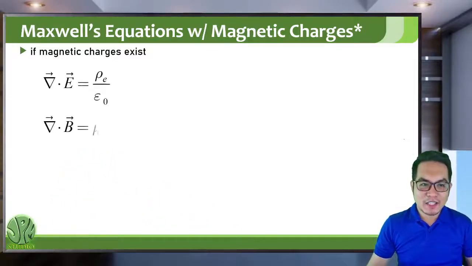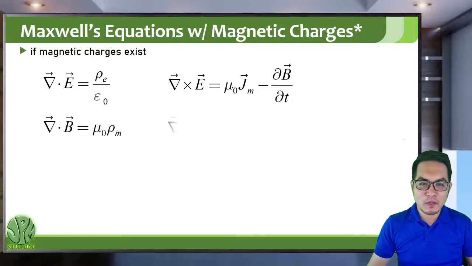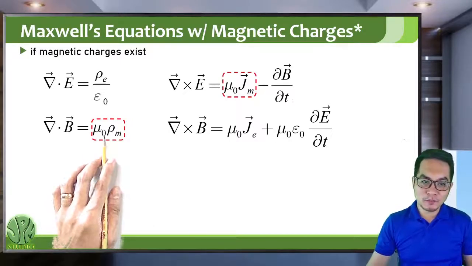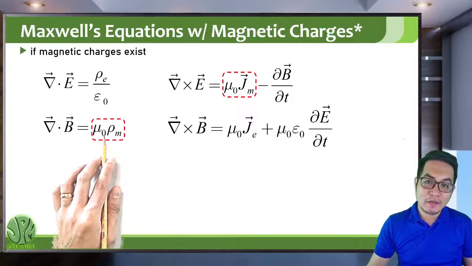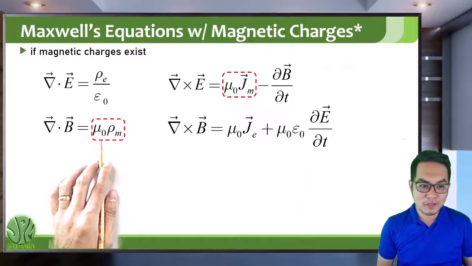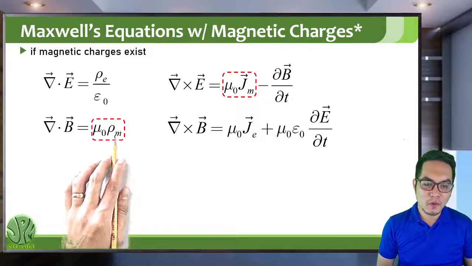So in that case, Maxwell's equations will look like this. The only terms added are these two terms. Instead of 0 for the divergence of the magnetic field, since it's no longer always a dipole, there's now a magnetic monopole, so you will now have mu naught rho m.